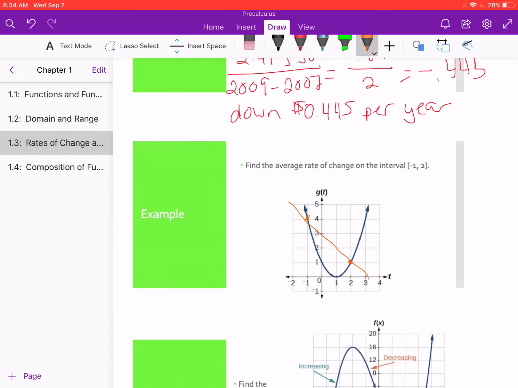You can go back to Algebra 1 and count if you want, but I'm just going to set it up for you. y2 is 1 minus y1 is 4, over x2, which is 2, minus x1, which is -1. So we get -3 over 3, which gives us -1. So our average rate of change is -1. Slope is -1.